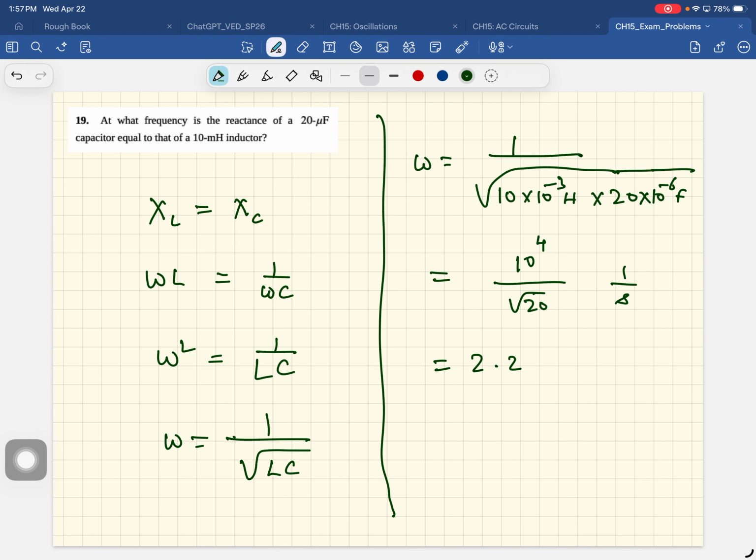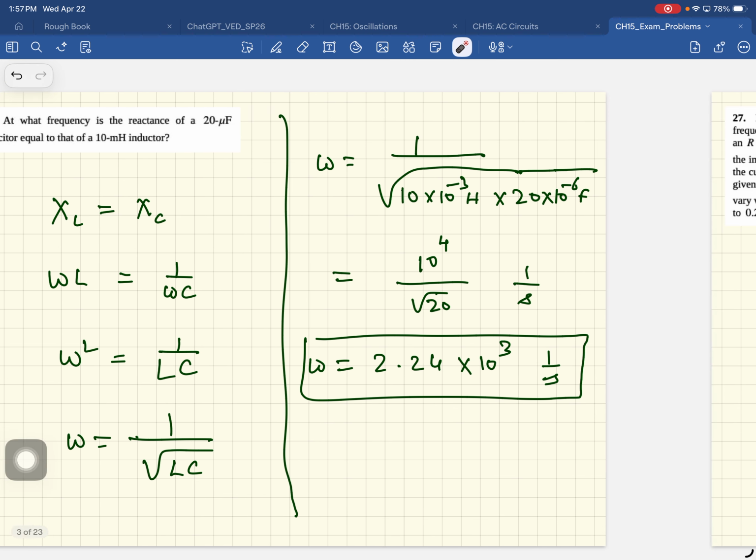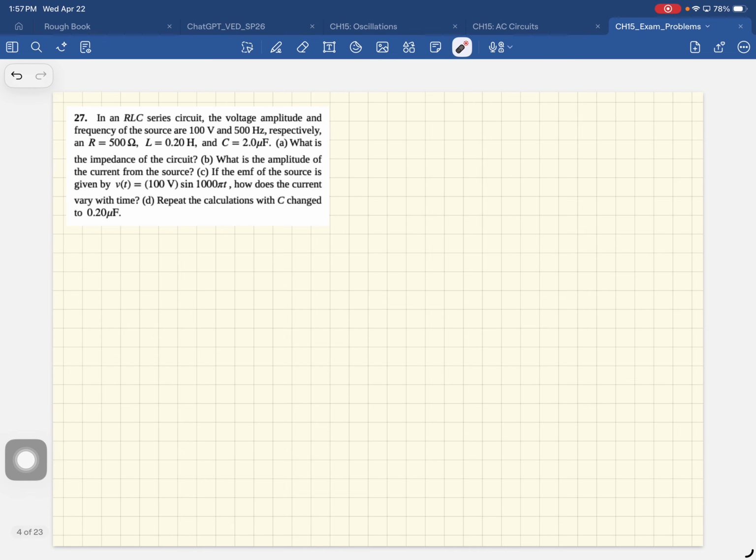This is 100 volts divided by 685. And so that is the amplitude of the current at this particular frequency. Okay. So that's the current amplitude.